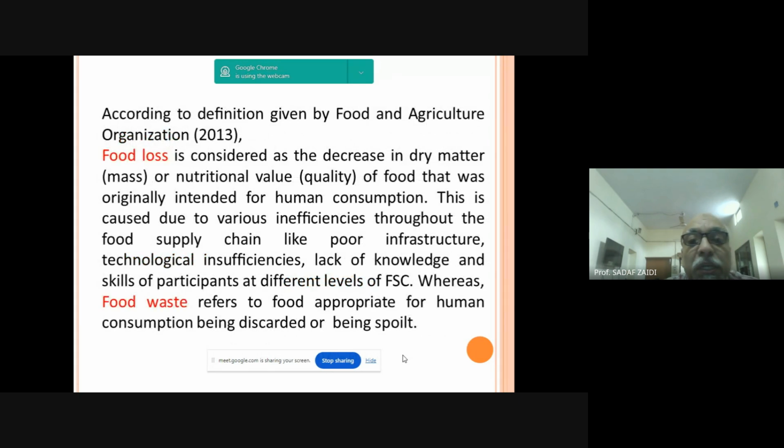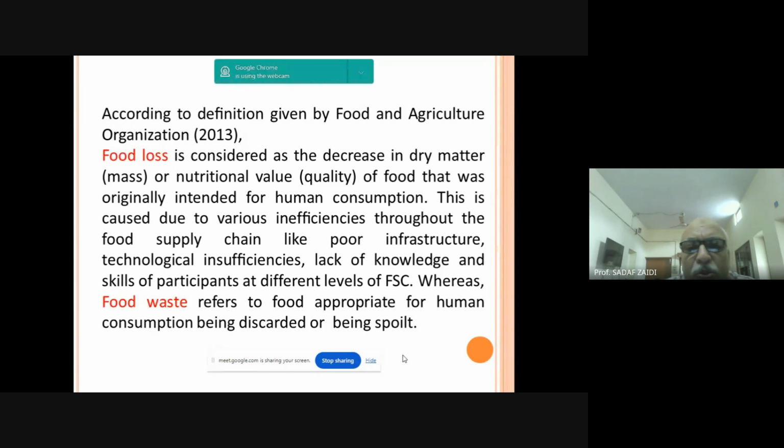Now, the formal definition given by the Food and Agriculture Organization says that food loss is considered as the decrease in dry matter or nutritional value, which is the quality of the food that was intended originally for human consumption.